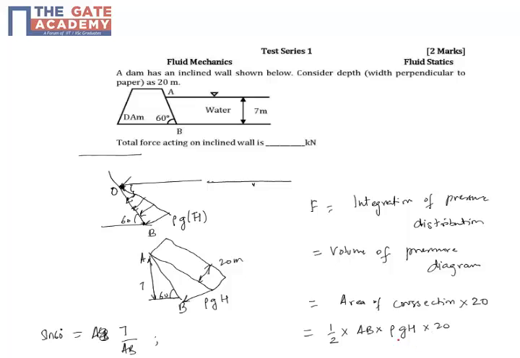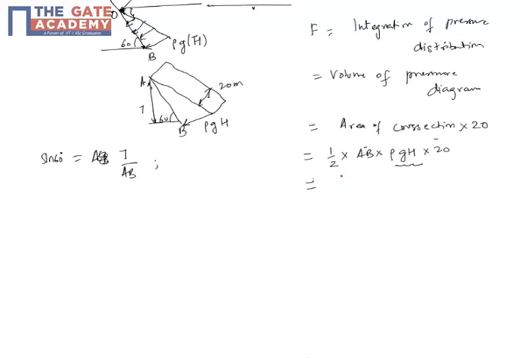Ultimately, this is pressure multiplied with two length units, so it gives force. When you are able to draw this pressure diagram, especially for vertical walls and inclined walls, this will be useful. If you know the pressure diagram, the volume of the pressure diagram gives you the total force acting. This can be proved by integration, and there are theorems which prove this, so we'll just apply it.